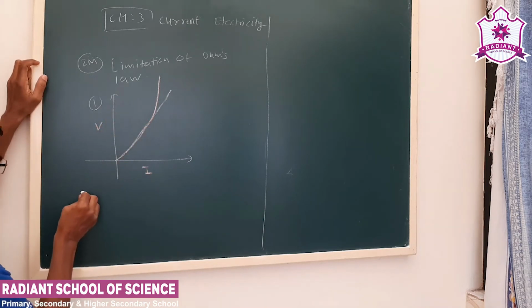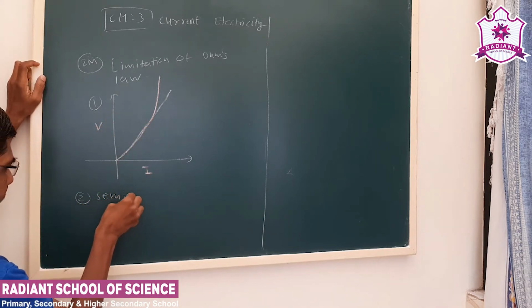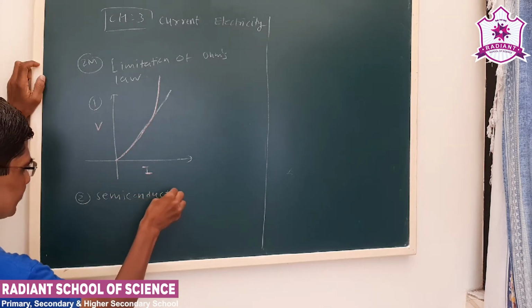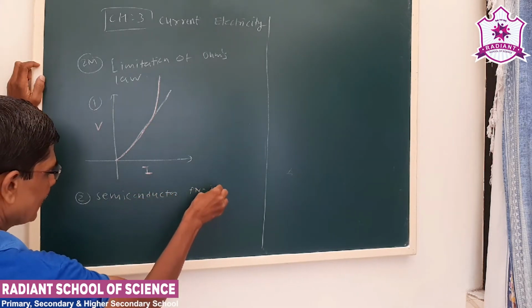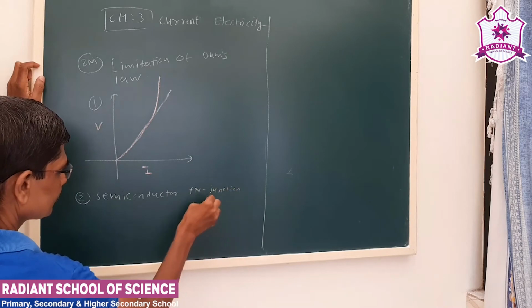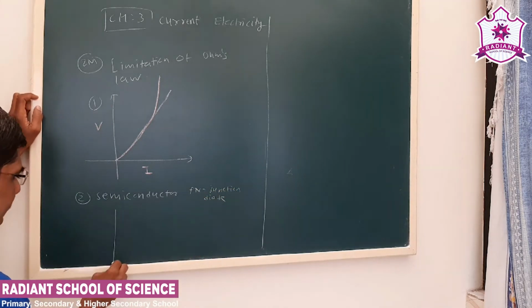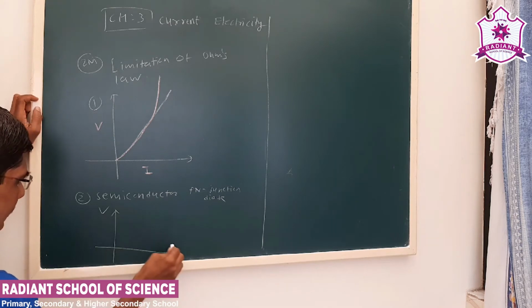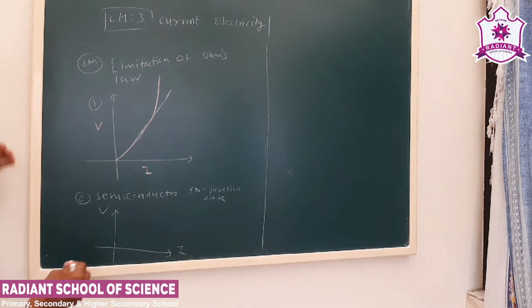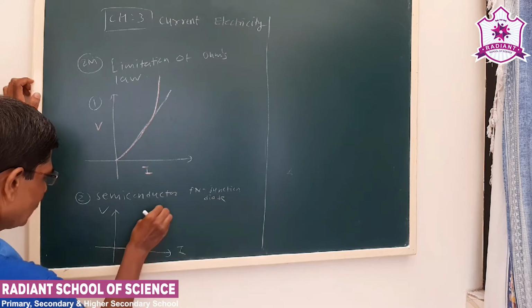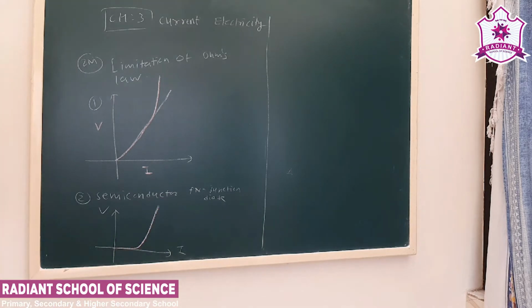Now, see, semiconductor, say the PN junction diode, that we'll study in lesson number 14. See, the relation between voltage and current is non-linear. So in that case, Ohm's law will not be obeyed.